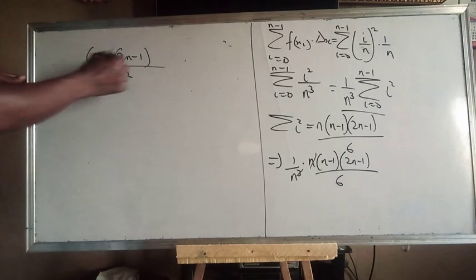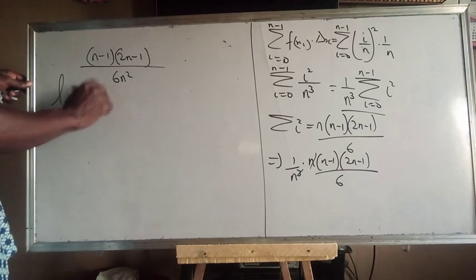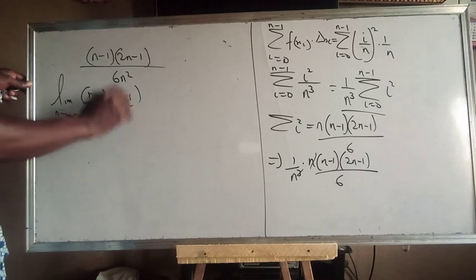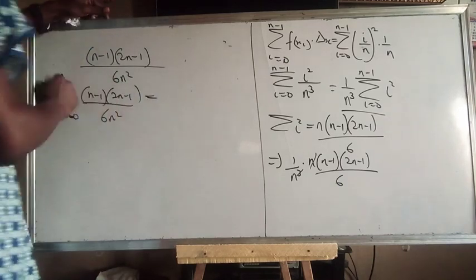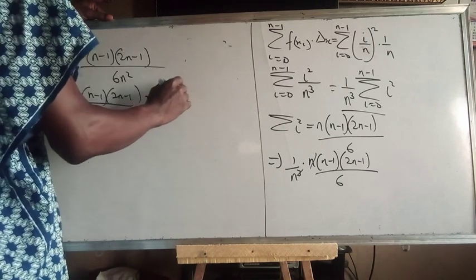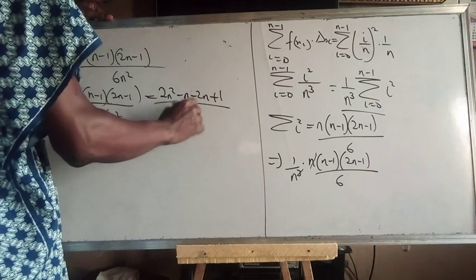Which implies that now we take the limit as n tends to infinity of n minus 1, 2n minus 1 all over 6n squared. By the time we expand this, we have 2n squared minus n minus 2n plus 1 all over 6n squared.